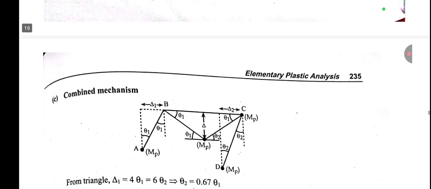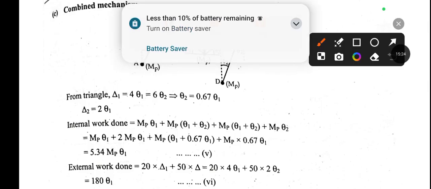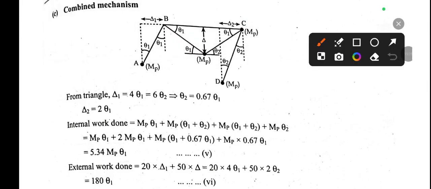Now let's move to the combined mechanism. In step number 3 we have to deal with the combined mechanism. For this we have to take two different loads into consideration. For this vertical load, the beam will deflect like this, and this will be the beam mechanism. Due to this 20 kilonewton load, there will be a sway mechanism, and it will deflect like this.